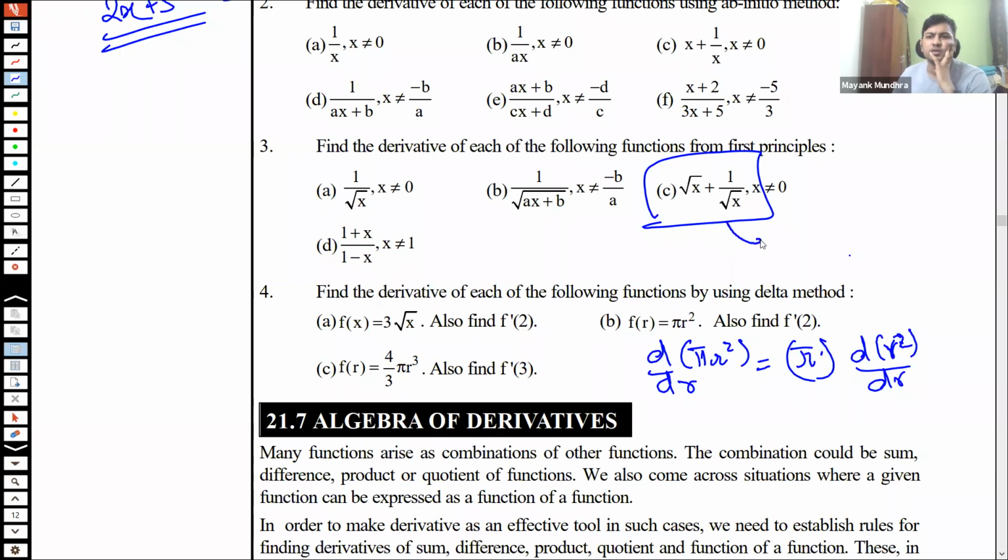What is the true derivative of this thing? It's going to be 1 by 2 root x minus 1 by 2x to the power 3 by 2. So that is 1 by 2 root x into (1 minus 1 by x). So this should be it.